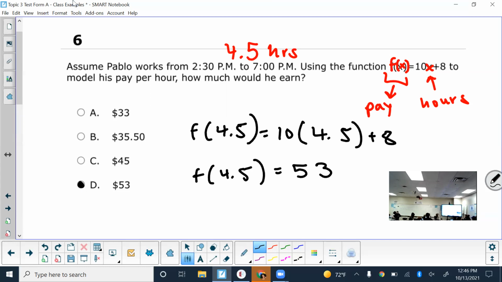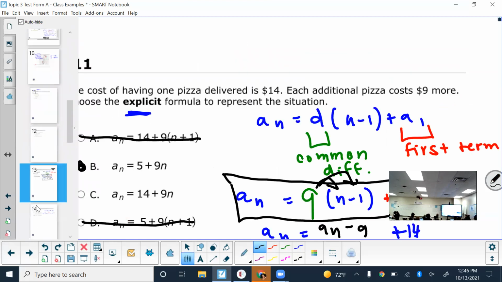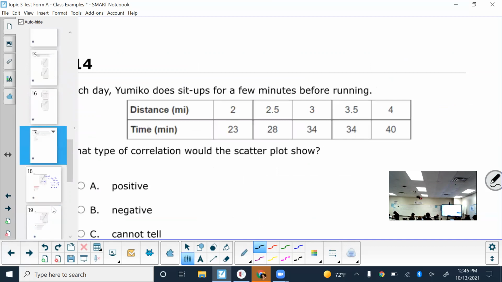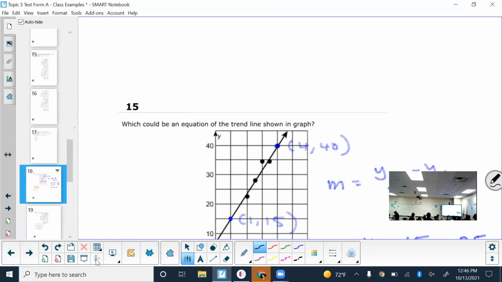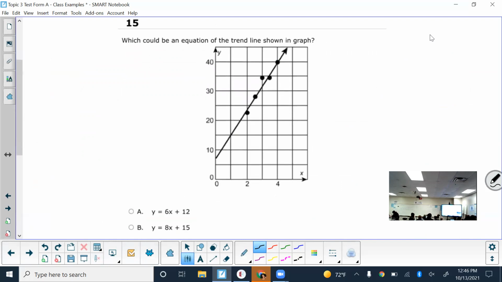I saw Elizabeth first. What did you say? 15. Okay, so this one's a good one. And luckily tomorrow, it might be a different number, but this same style question will also be multiple choice.